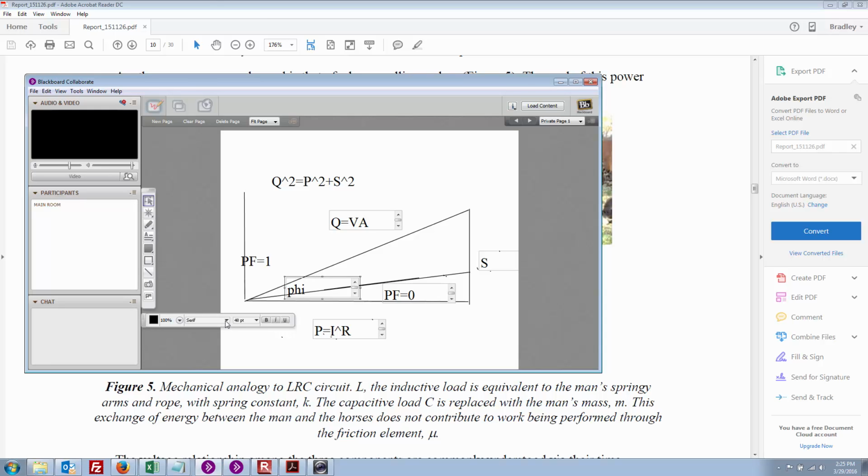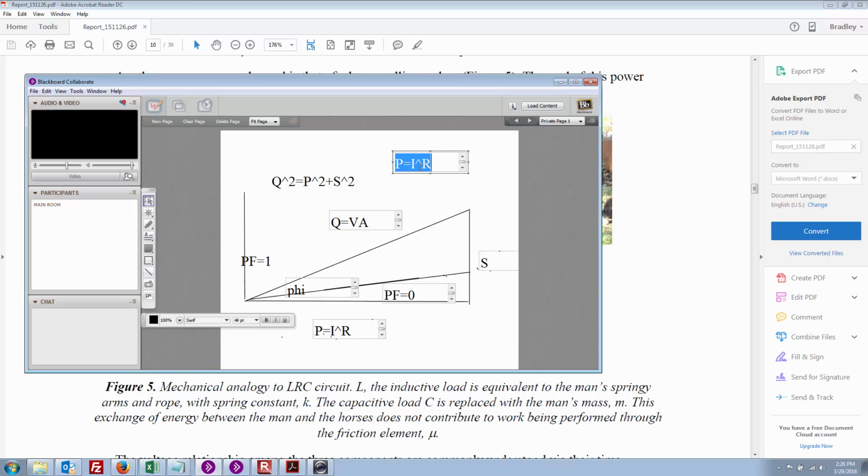I don't know how to do a symbol font in there. So if that's phi, we know we can get the other variables. So we know that, well, what's the best way to do this?